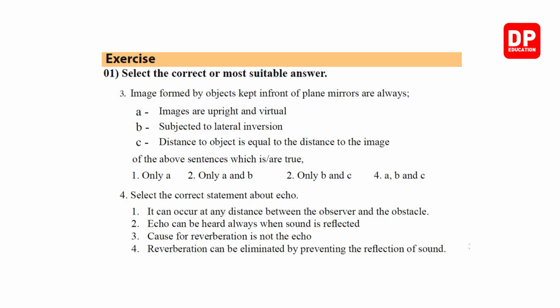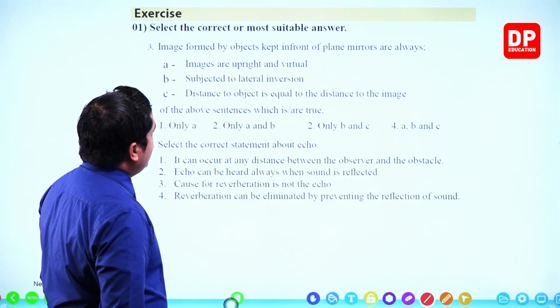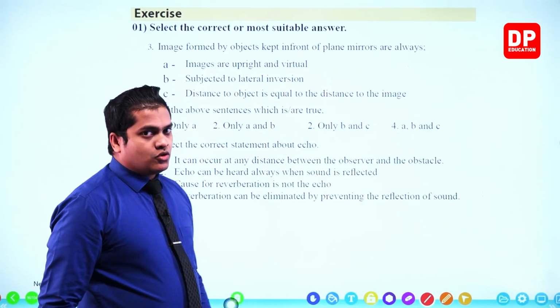Question number 3. Images formed by objects kept in front of plane mirrors are always: images are upright and virtual, subjected to lateral inversion, distance to object is equal to the distance to the image. Of the above sentences, which are true? Images are upright and virtual, absolutely correct.